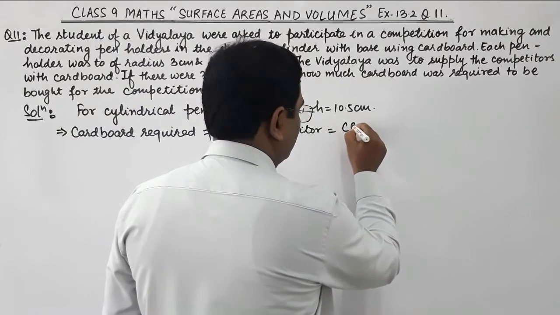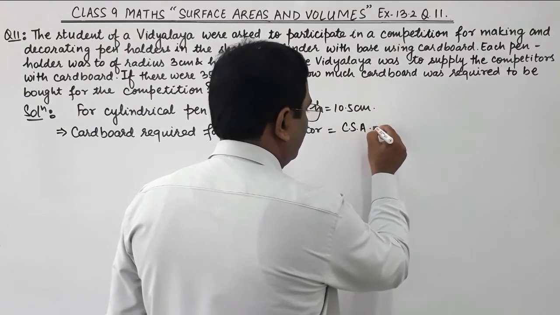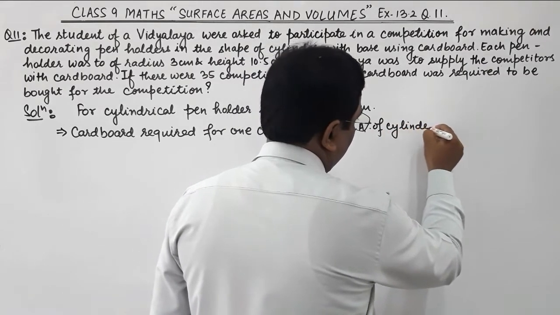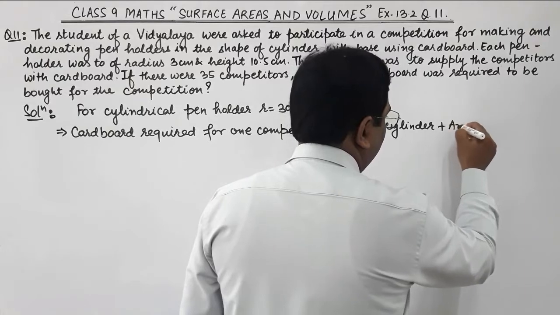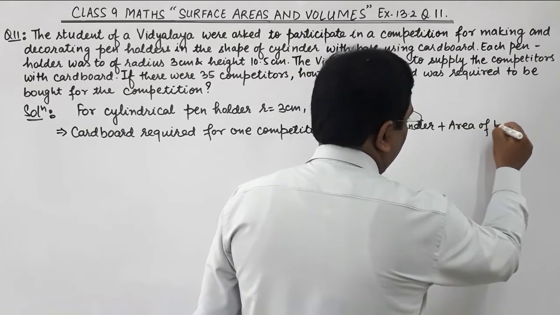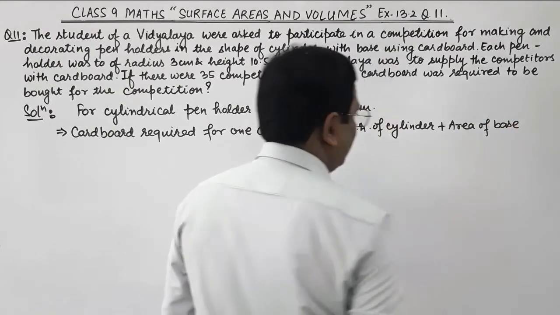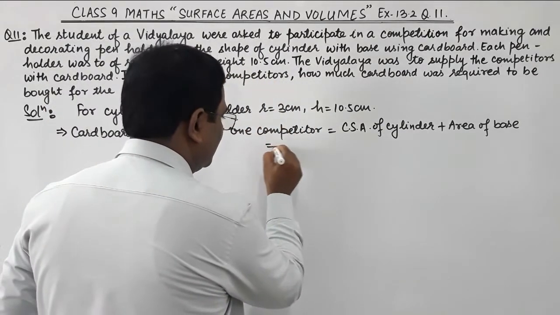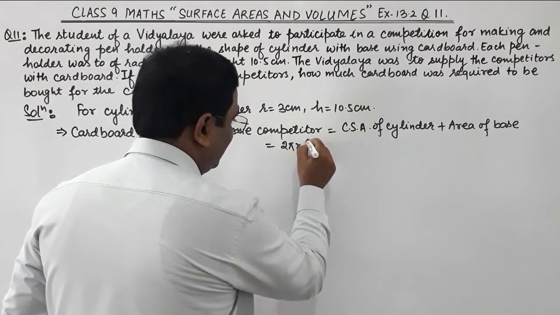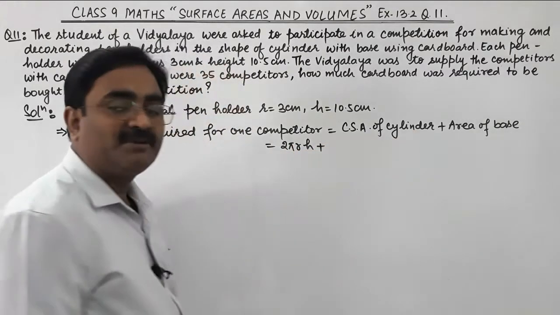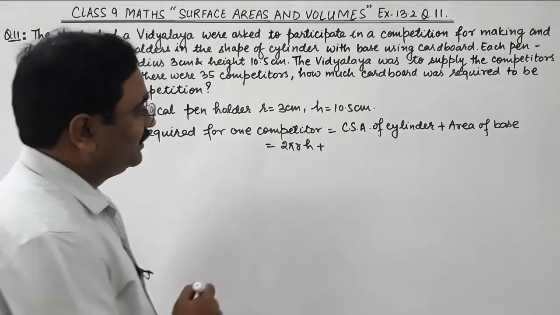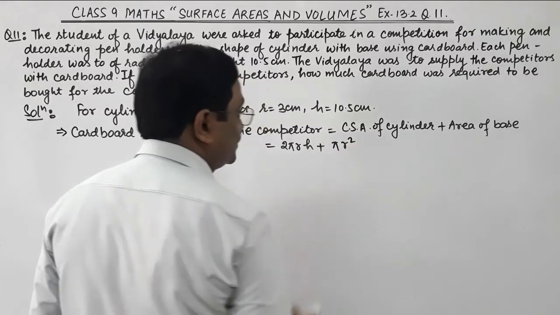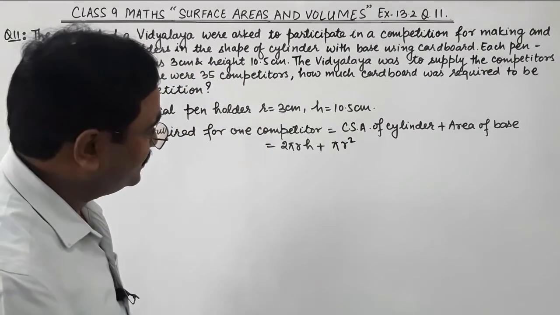Curved surface area of cylinder plus area of base. The curved surface area formula is 2 pi r h, plus area of base. As you know, the base is circular, so the area of base is pi r square, because the area of a circle is pi r square.